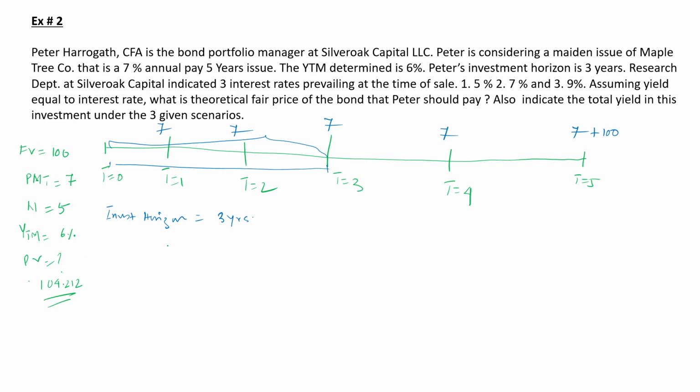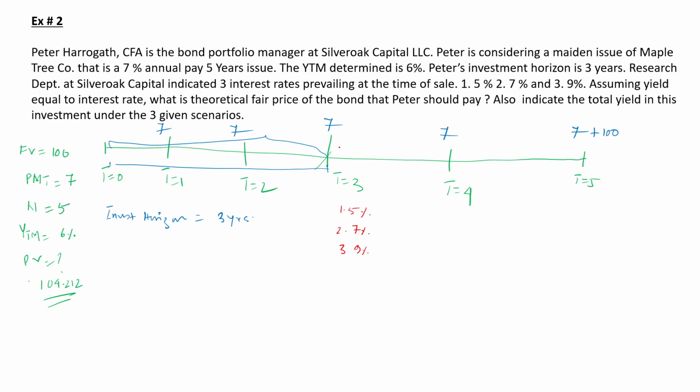And then the other thing that is being talked about is that at the end of his investment horizon, the market interest rate is likely to change. Now, when it changes, there are three possibilities that have been outlined here. Those three possibilities are that the market interest rate becomes 5% or 7% or 9%.